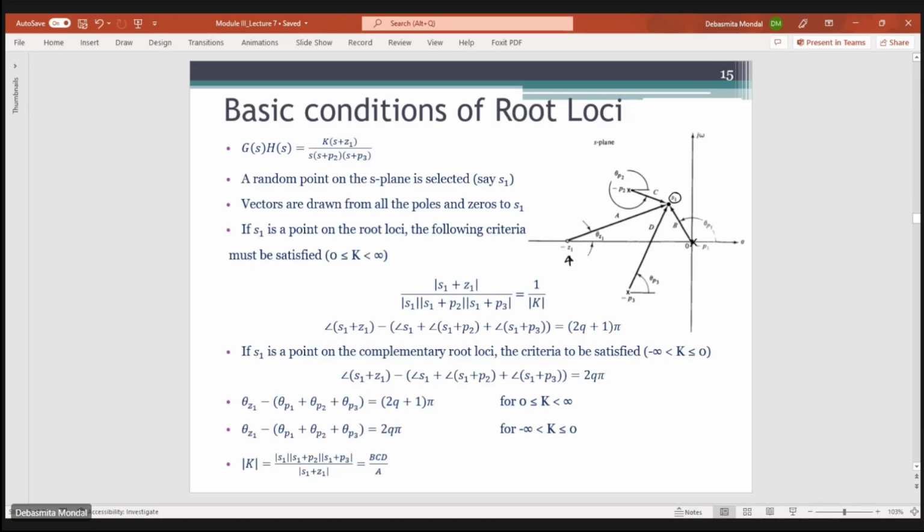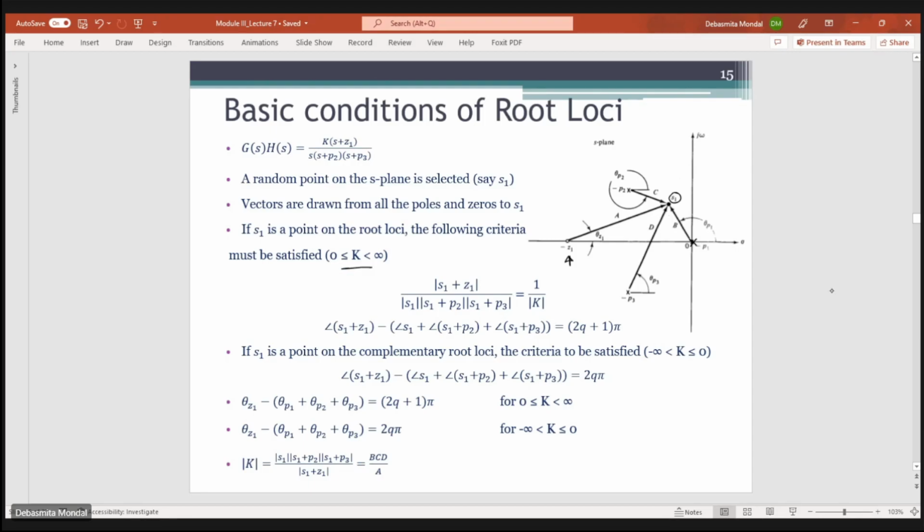Since the nomenclature that we are following is that a positive angle means the angle measured in the counterclockwise direction, if that value is equal to an odd multiple of pi, if that equation is satisfied, then we will say that this S1 point is lying on the root locus.